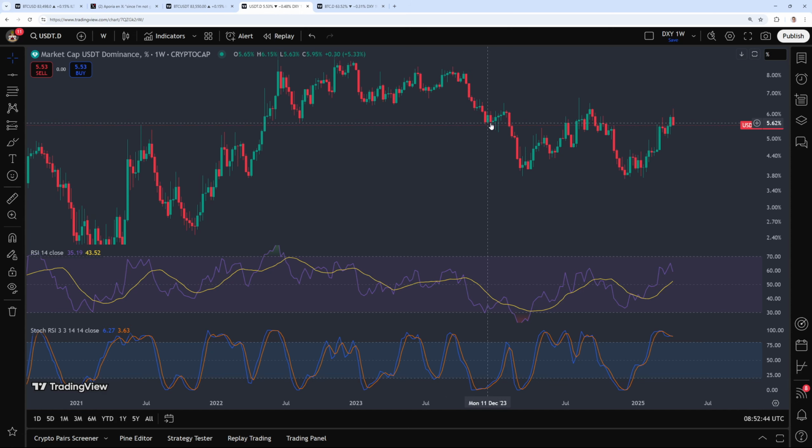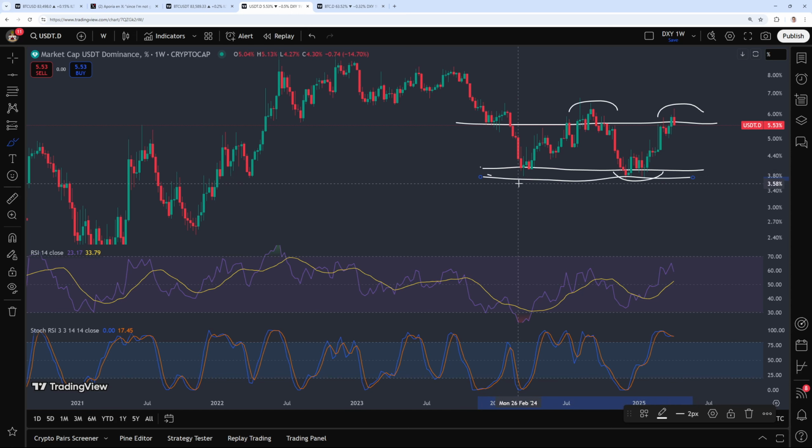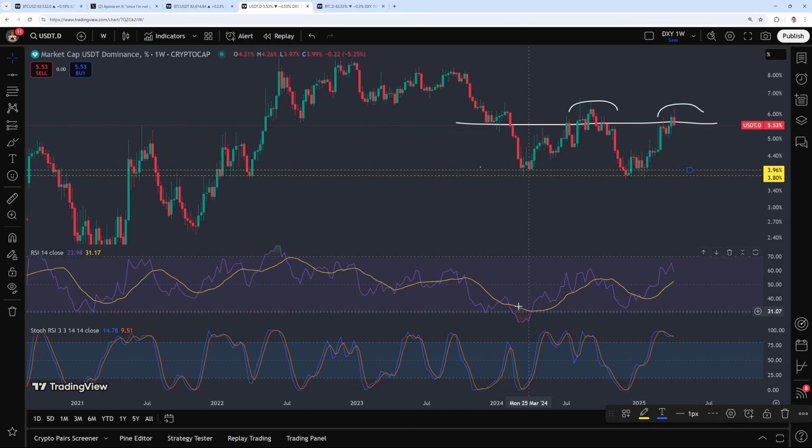Of course, I want USDT to keep printing these, let's say, fake outs above to fake everybody out the same way it faked below in December, but this was actually the bottom, right? It was the bottom range, if you could say that.